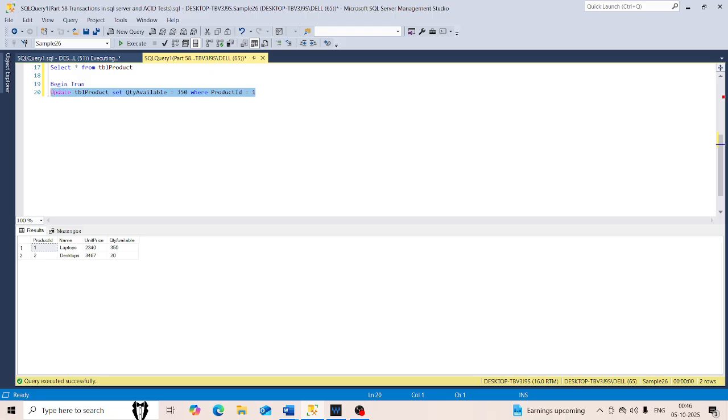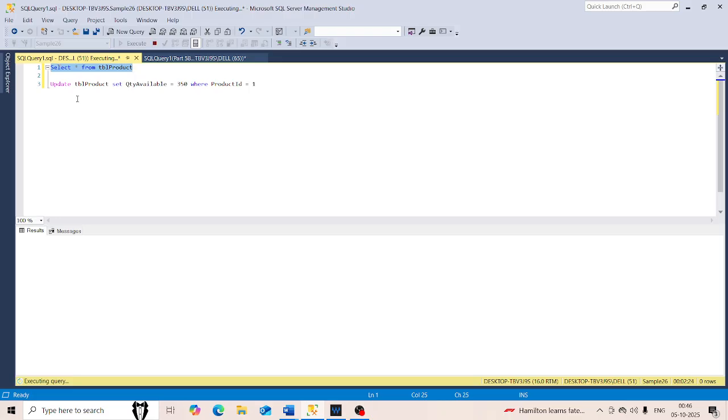So now when I say select star from TBL product, it says executing query, but it is still not showing. It is just waiting for that transaction to complete.